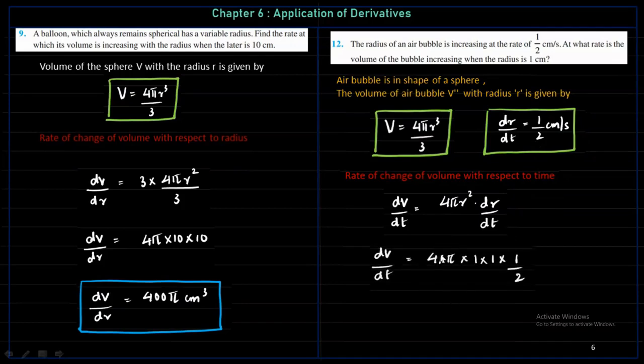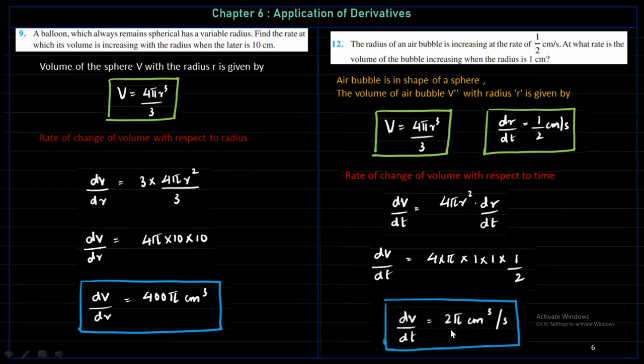So it would be 4 multiplied by pi multiplied by 1 multiplied by 1 multiplied by half. 2 and 4 will cancel out, so it will be left with 2 multiplied by pi. Since we are talking about the volume, it is going to be 2 pi centimeter cube per second. Clear? And here it is going to be 400 pi centimeter cube per centimeter.